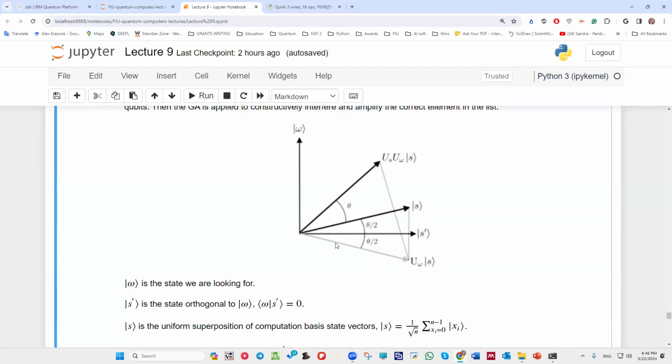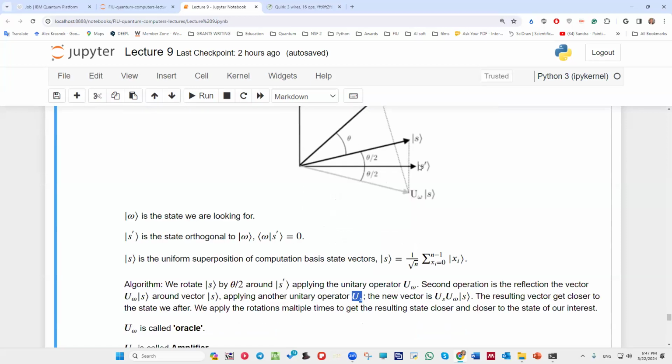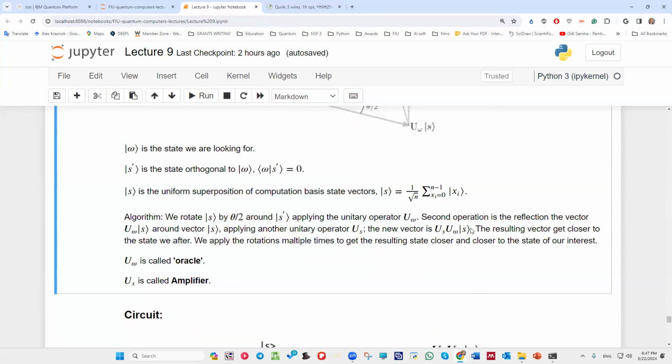Okay, so we rotate this gray vector around vector S, and the result is this new vector US U omega S. So this is the result of these two operations. This is called Grover's operation, if you wish.